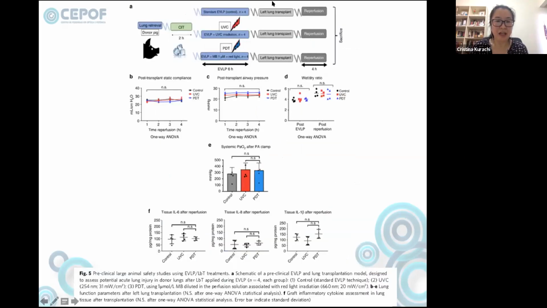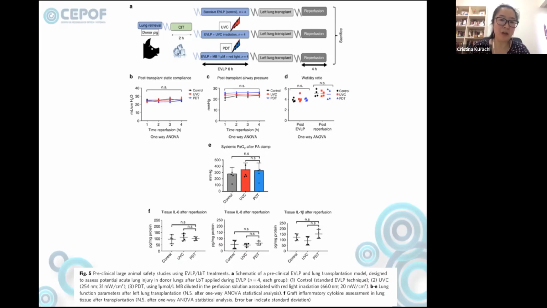After that, people in Toronto performed the procedure using the pig model, which is the preclinical experiment before going to humans, especially checking the performance of the transplanted lung after our UVC and PDT procedures, to see if the lungs were affected by those techniques.